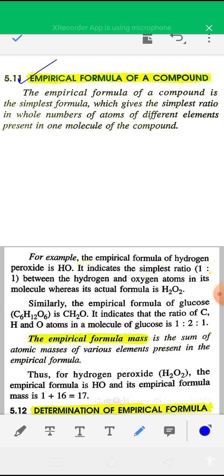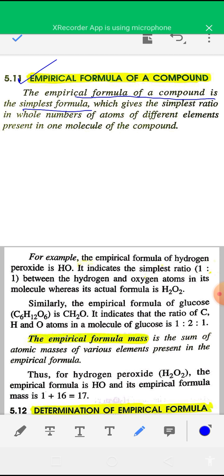Empirical formula is the simplest formula of a compound, which gives the simplest ratio, in whole numbers, of atoms of different elements present in one molecule of that compound.